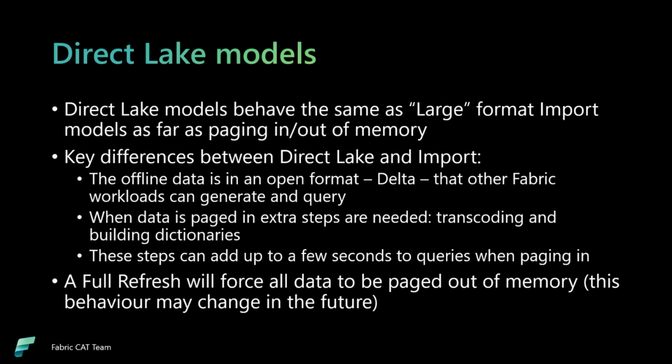That's pretty quick. We also build some dictionaries on the fly to speed things up. In a lot of cases, these extra steps are really quick. For really large Direct Lake models, they could take a couple of seconds.